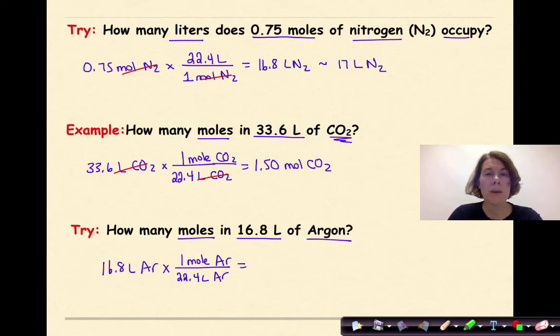I'm going to make sure that my units cancel, so liters cancels liters. And then I'm going to multiply 16.8 times 1 divided by 22.4, and my answer will be 0.750 moles of argon. So again, another example of converting from liters to moles.